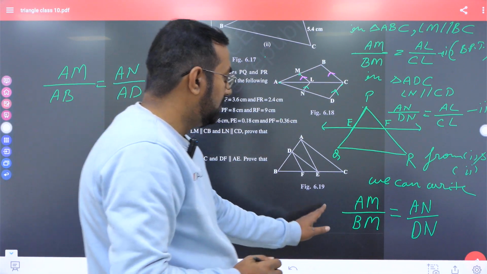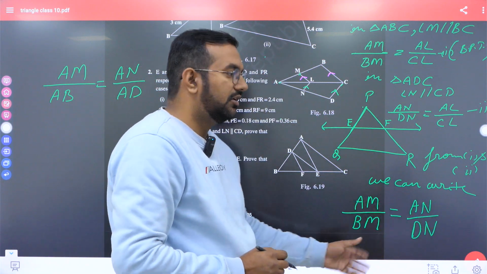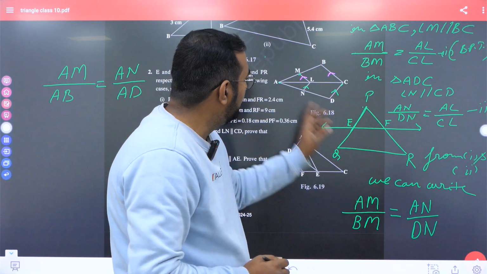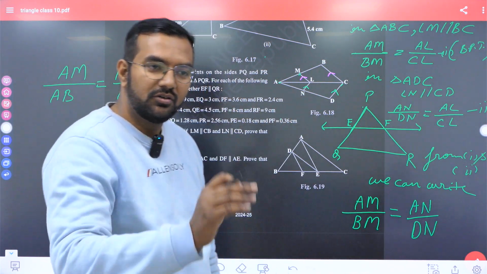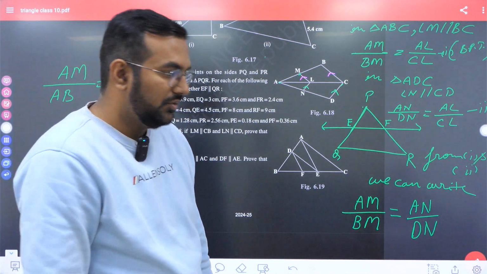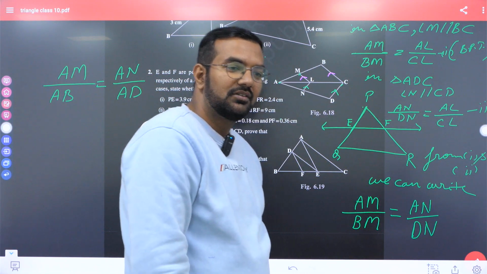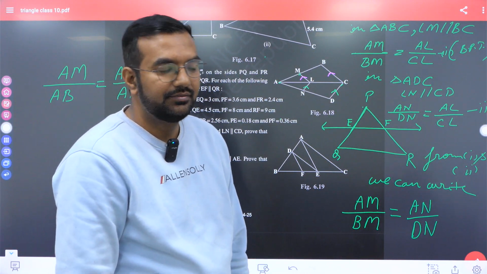And by adding 1 on both sides, you can convert it into AM upon AB is equal to AN upon AD. If you add 1 to both sides, you will get it. Any doubt?